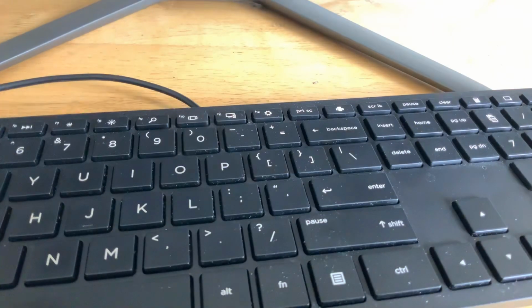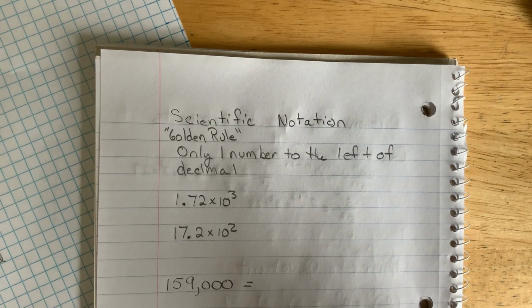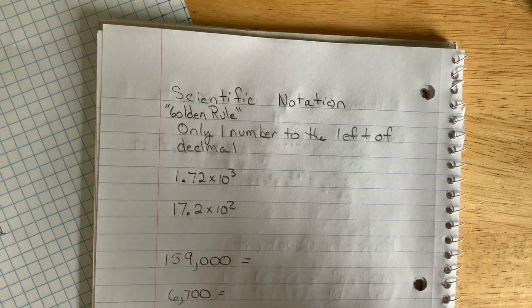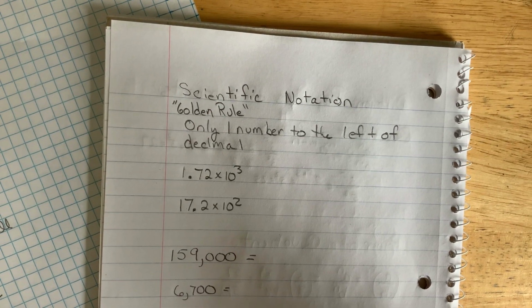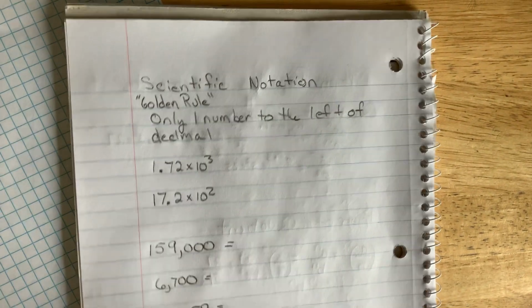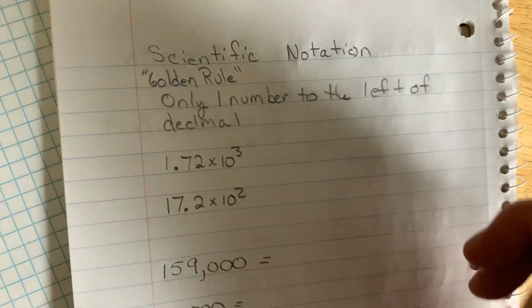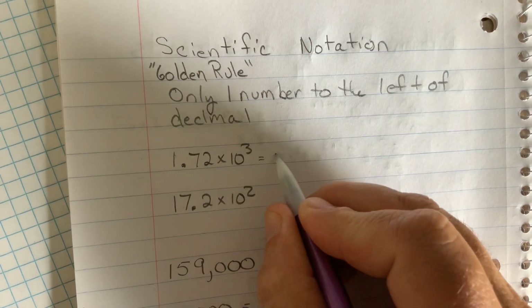There's one major rule to it. When we look here, scientific notation, the golden rule is you only get one number to the left of the decimal. So when we look at this first one, 1.72 times 10 cubed, this would be correct.